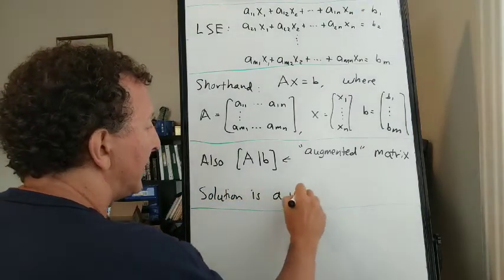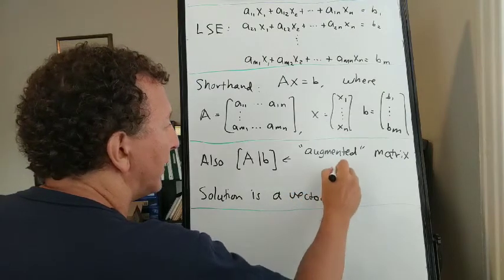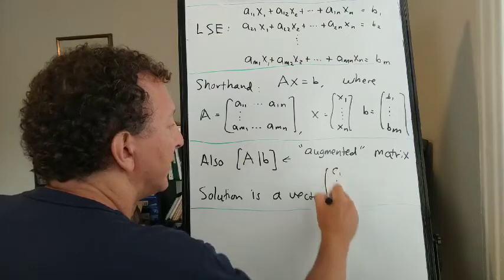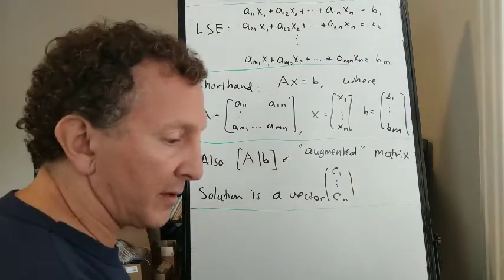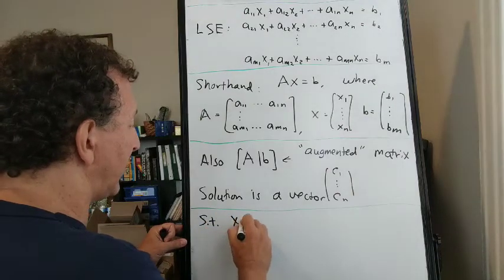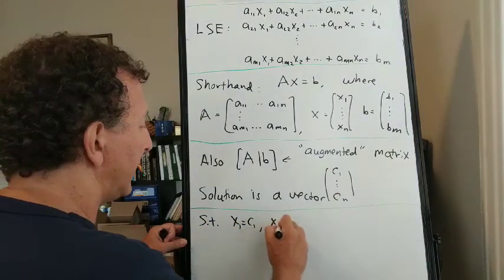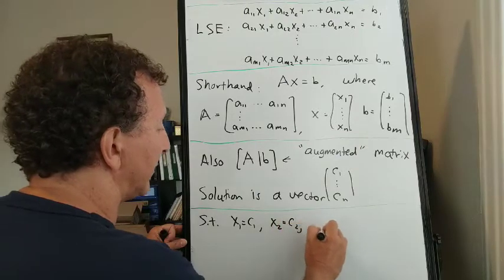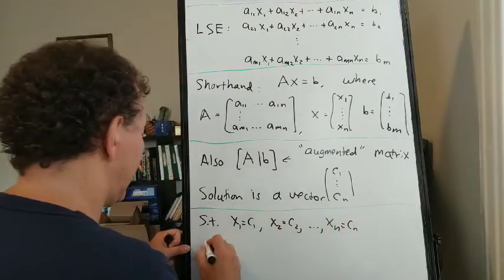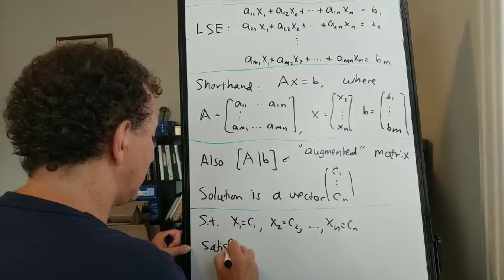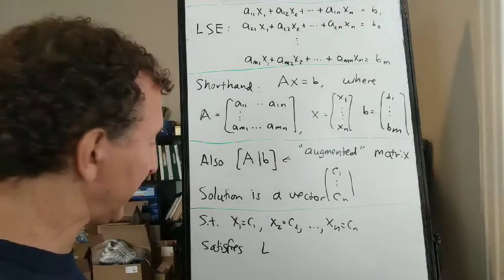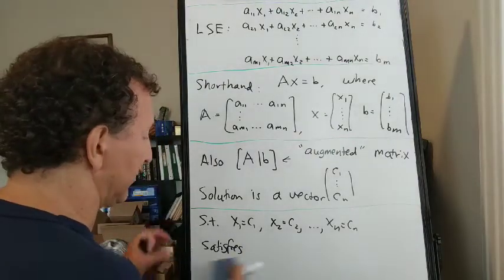A solution is a vector c1 up to cn such that x1 equals c1, x2 equals c2, etc., xn equals cn, satisfies all equations in the linear system of equations.